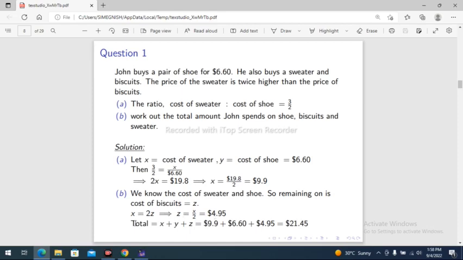To find the total amount John spent, we just add up all, x plus y plus z, which gives 21.45.